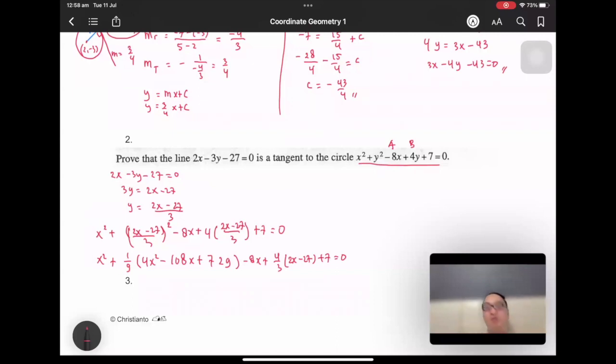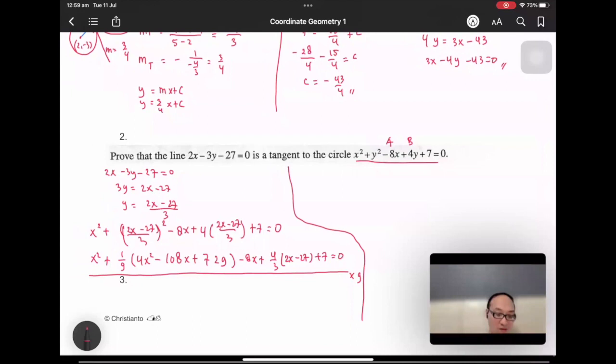And then to remove the fraction, I just multiply all by 9. Okay, I will write it here. So it's equals to 9x squared plus 4x squared minus 108x plus 709.